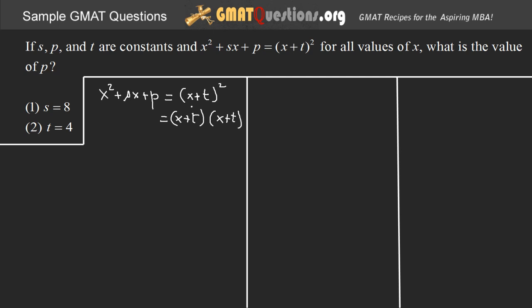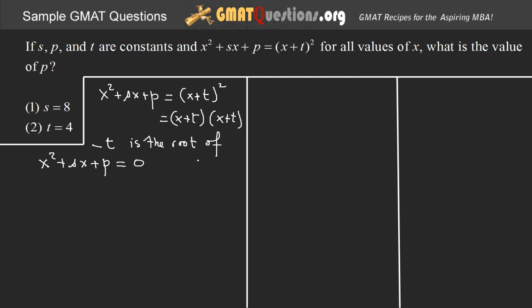Okay, we can see here that if we were to write that x squared plus sx plus p equals 0, we're going to have x equal negative t twice. So really, negative t is the root of x squared plus sx plus p equals 0.